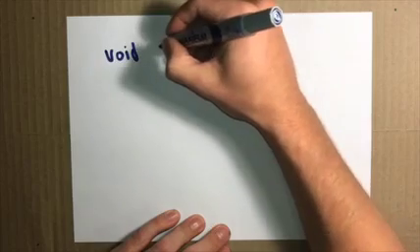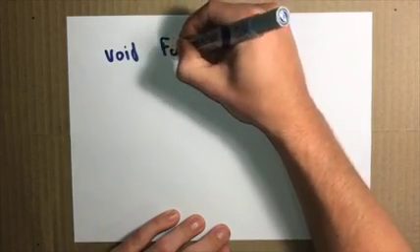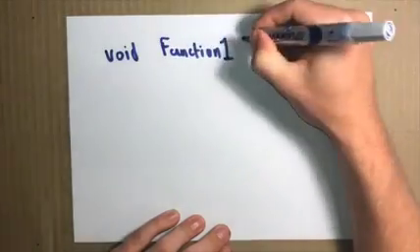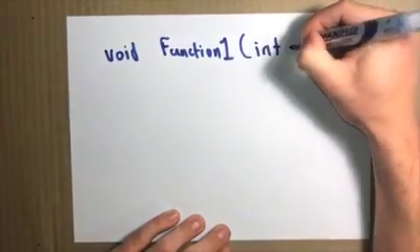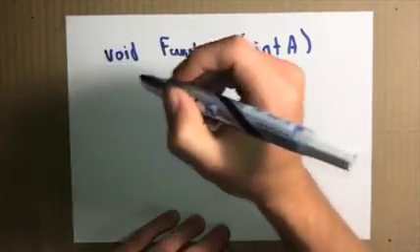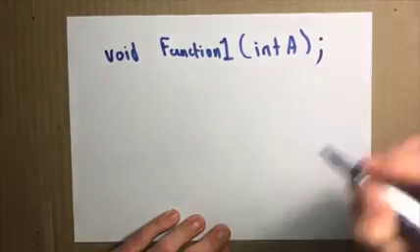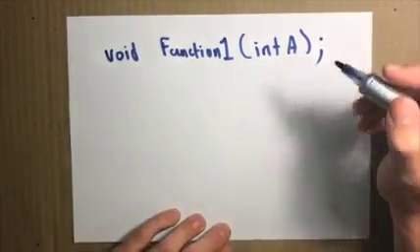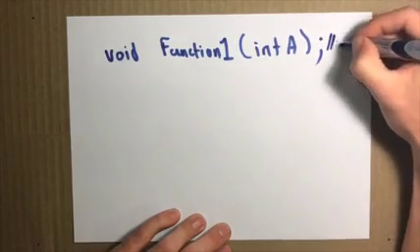I'm going to say void function1 int A. This is going to be our function prototype. Okay, that's what we call a function prototype.